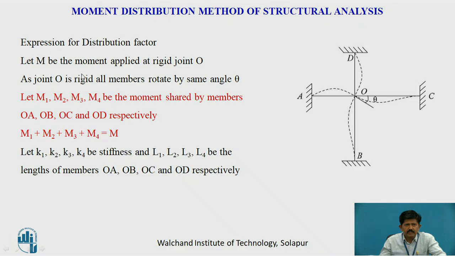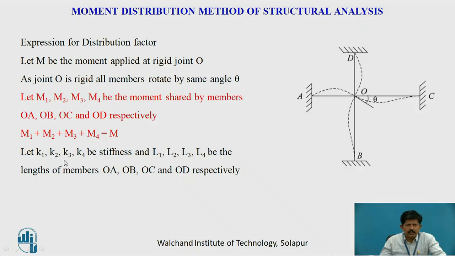Now, the expression to find the distribution factor. Let M be the moment applied at this rigid joint O. As the joint O is rigid, all the members will rotate by the same angle theta. Let M1, M2, M3, M4 be the moments shared by the members OA, OB, OC and OD respectively. If we take a summation of all the moments shared by the members, that will be equal to the total moment M applied at the joint.